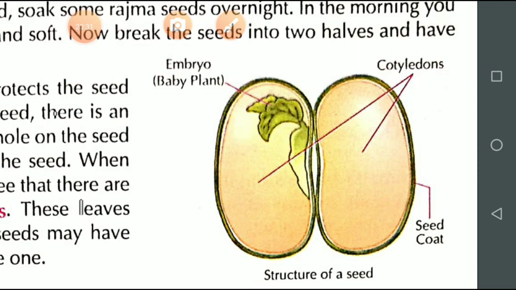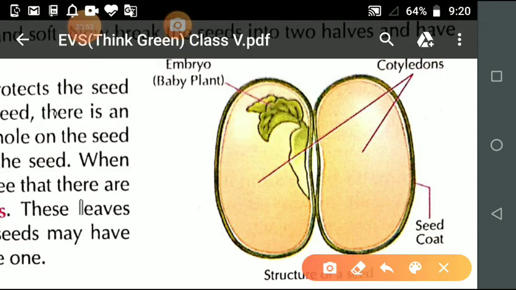Okay, now student, when we study seeds, seeds have three parts. One is embryo, this is the first part. The second part is seed coat, and this is cotyledons.